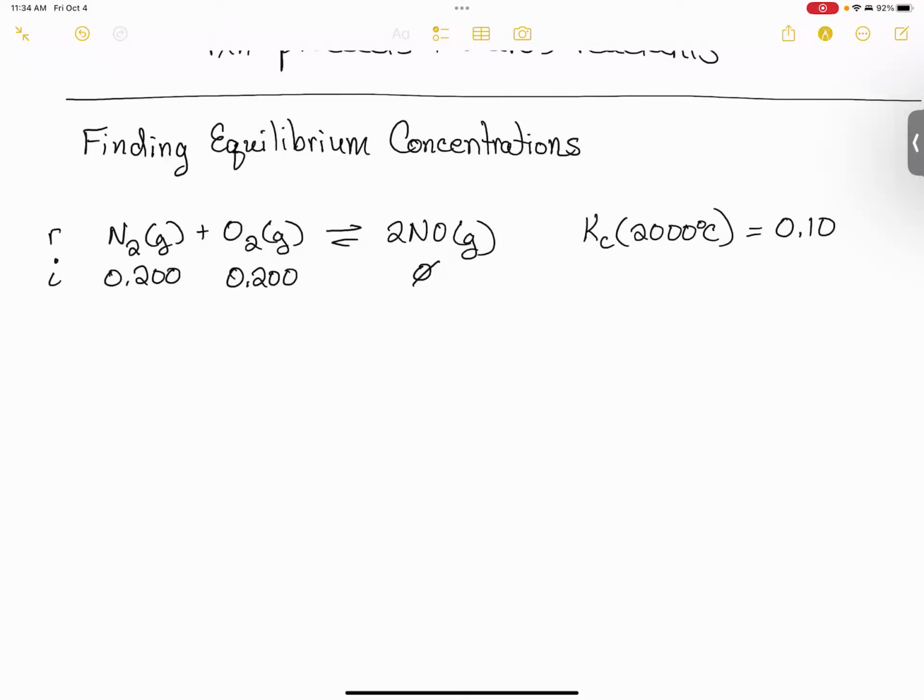To figure that out, we're going to set up a RICE table. We've got our reaction, we've got our initial concentrations. The next thing we need is our change in concentration. According to the balanced chemical equation, we lose 1 nitrogen during the reaction. We lose 1 oxygen during the reaction. And we make 2 nitrogen monoxides during the reaction.